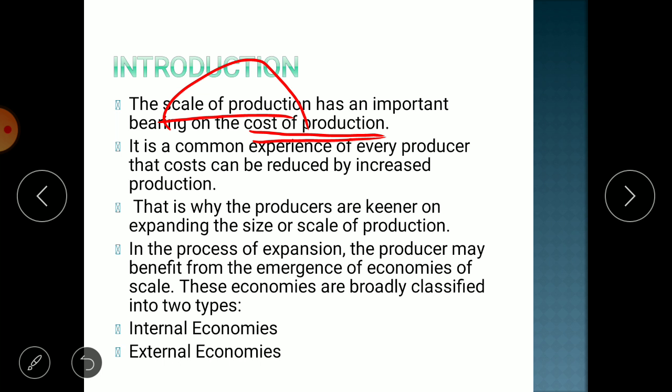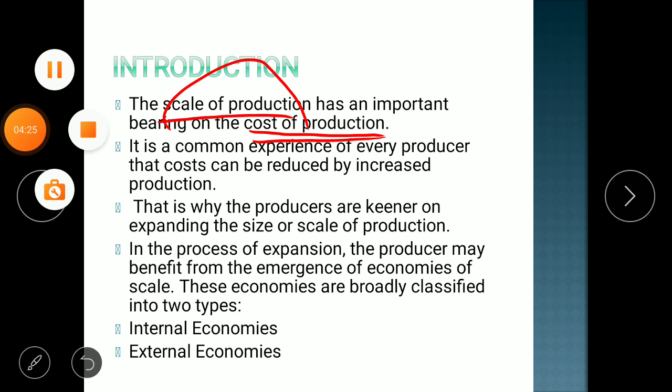So if you are producing one unit, the cost of production will be 100 rupees, and if you are producing 10 units and paying wages of 100 rupees, your per unit cost of production will become 10 rupees only. Getting the point? When you are increasing the production, your cost of production is going to decrease. It has an inverse relation with the scale of production.